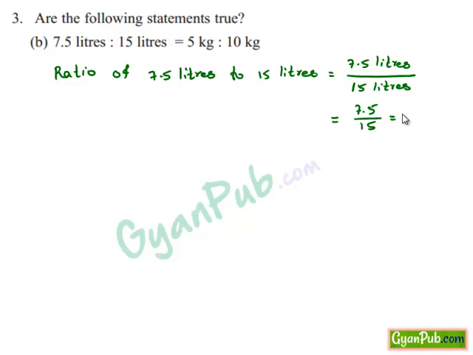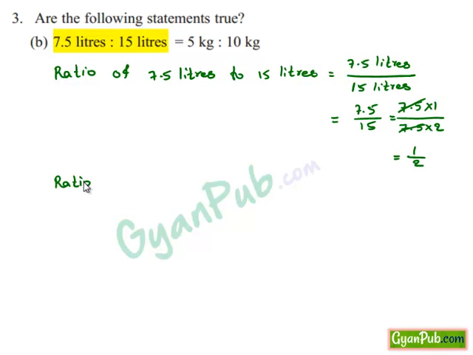Now 7.5 can be written as 7.5 times 1 upon 7.5 times 2. Here 7.5 in the numerator and 7.5 in the denominator gets cancelled, which gives the ratio of 7.5 liters to 15 liters as 1 upon 2.